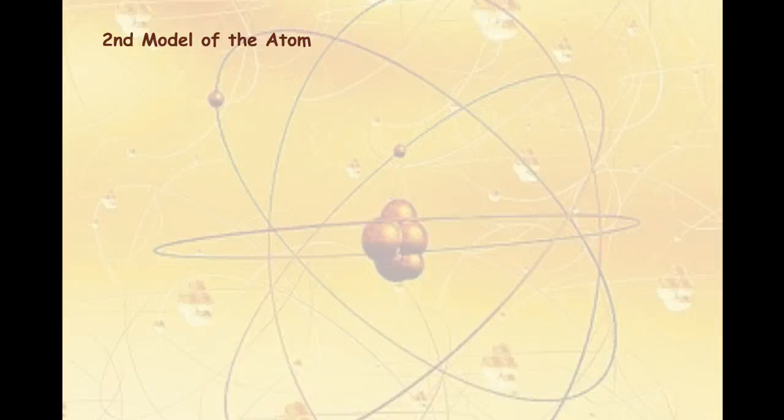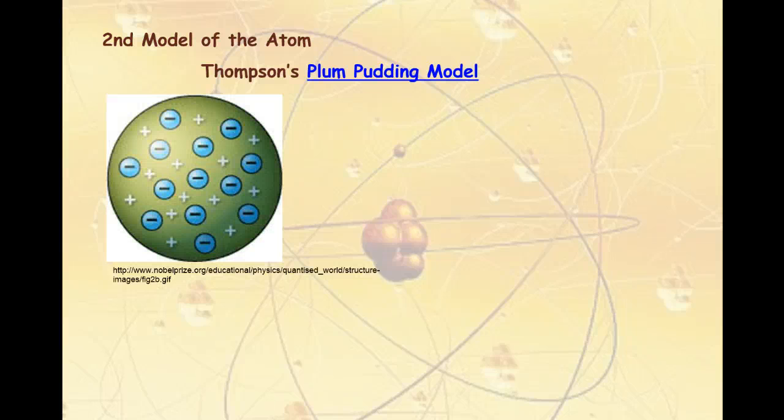This ultimately led to the second model of the atom, which was called Thomson's plum pudding model, and kind of looked like this. You have a sphere, a positive charge, and within that sphere you have embedded electrons to neutralize that positive charge, because we know that all atoms were electrically neutral.